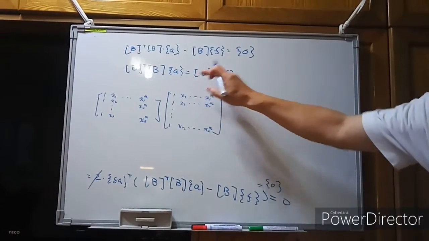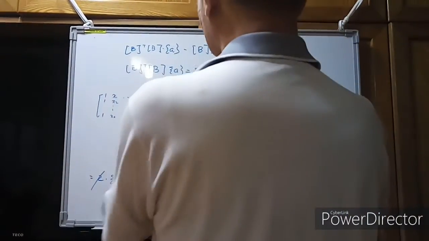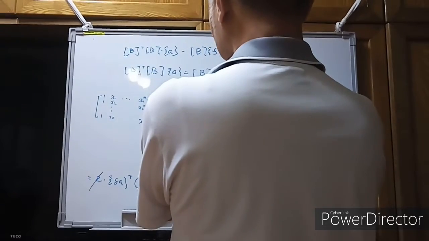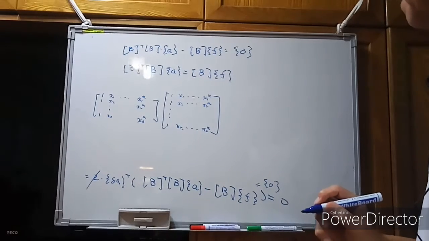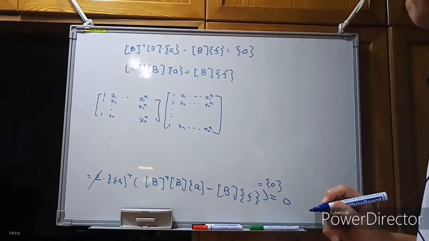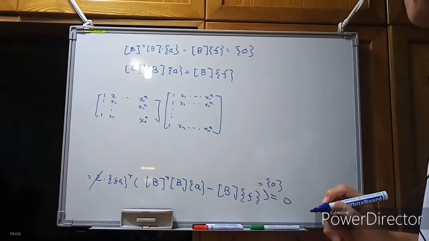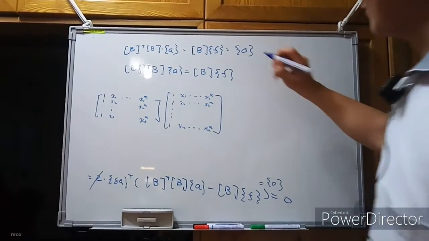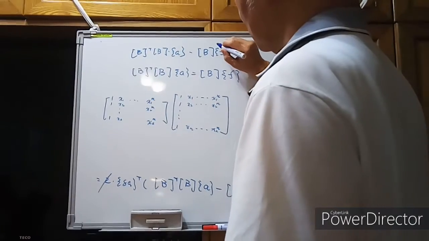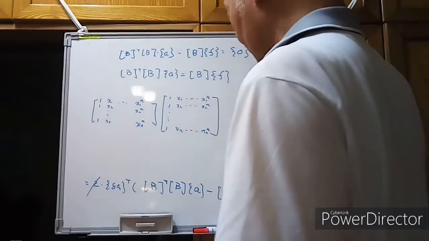And if we multiply the B by the F, it will be the, I think this one should be the B transpose F.